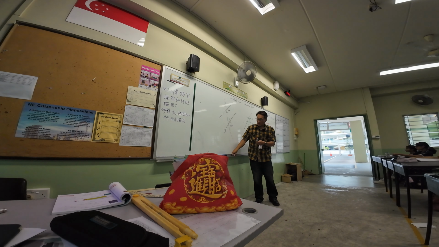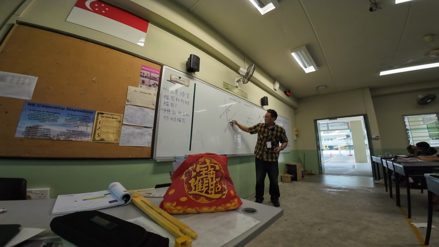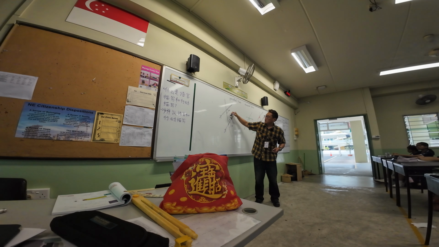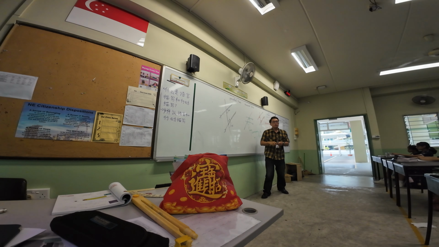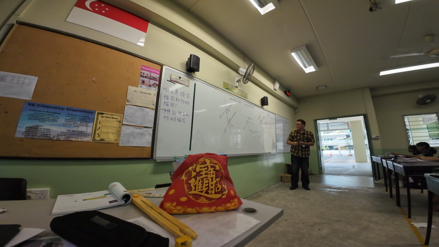So when we look at this shape here, internal angles of two parallel lines, these two angles always add up to 180. And this one is the last property you need to know regarding parallel lines. Okay?